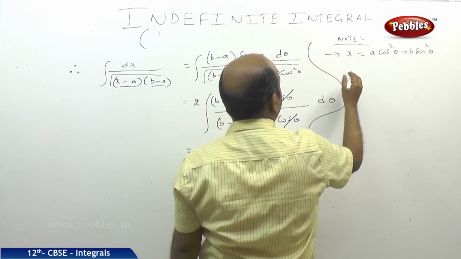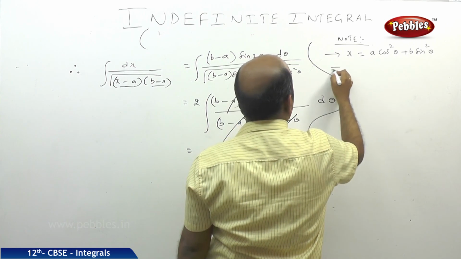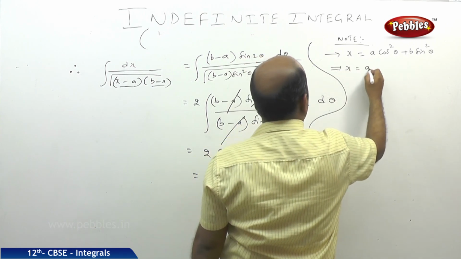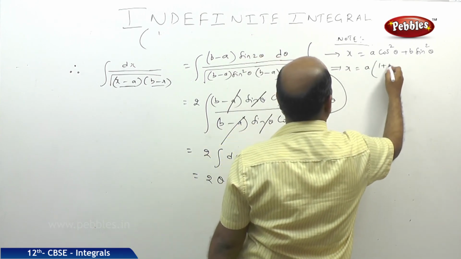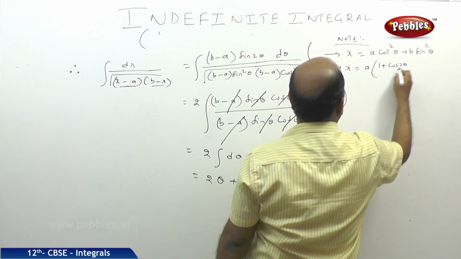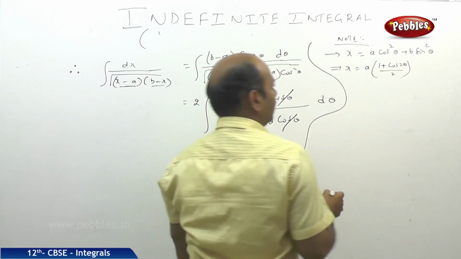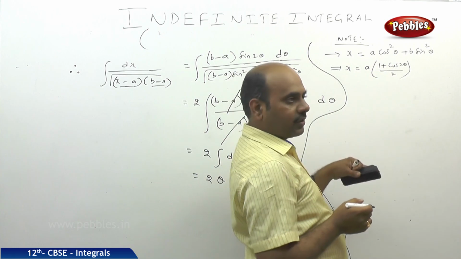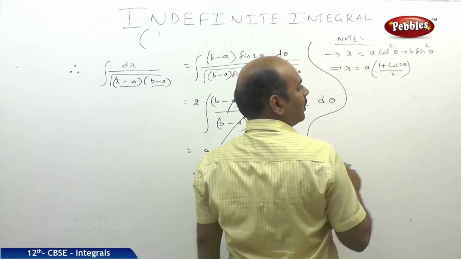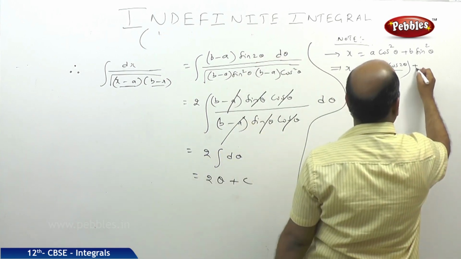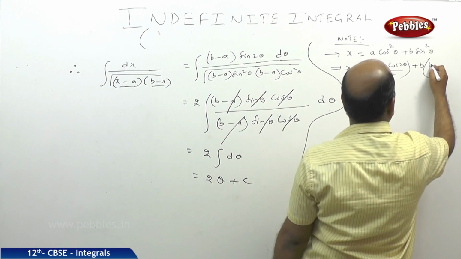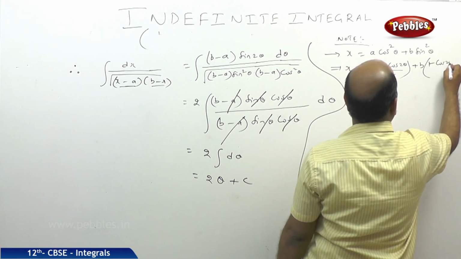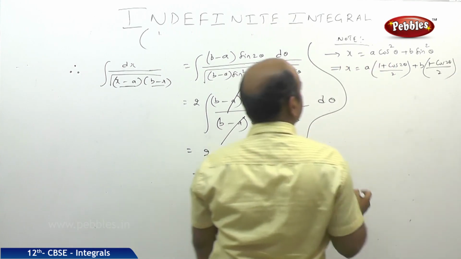So from here, that implies x is equal to, cos square theta I can write as (1 plus cos 2 theta) by 2, because cos 2 theta means 2 cos square theta minus 1. And this particular sin square theta I will write as (1 minus cos 2 theta) by 2.